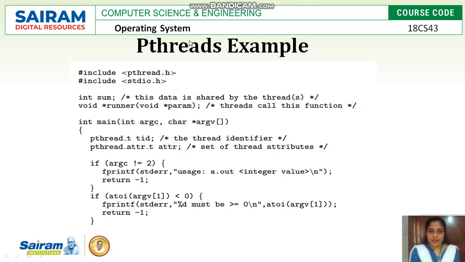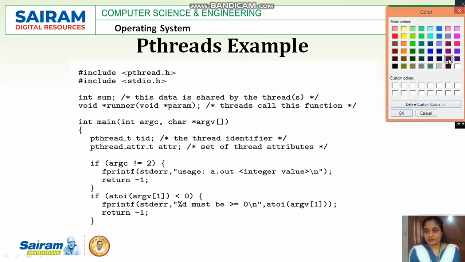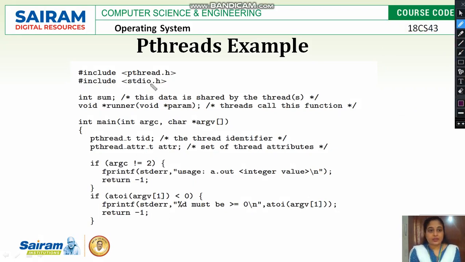For your program to use multi-threading, there is a library called pthread. Pthread.h is a library header file which should always be included in your program to make it multi-threaded.